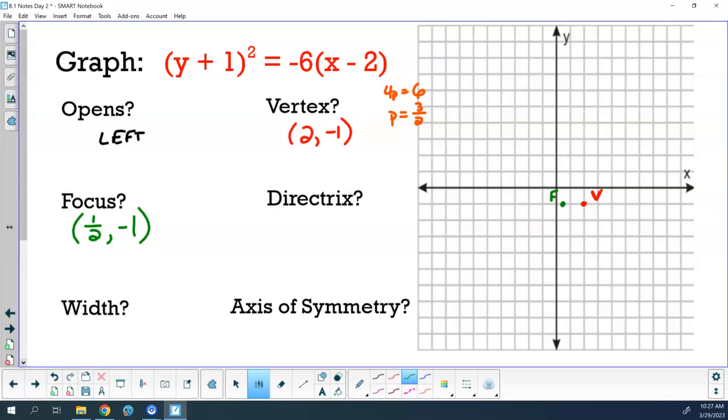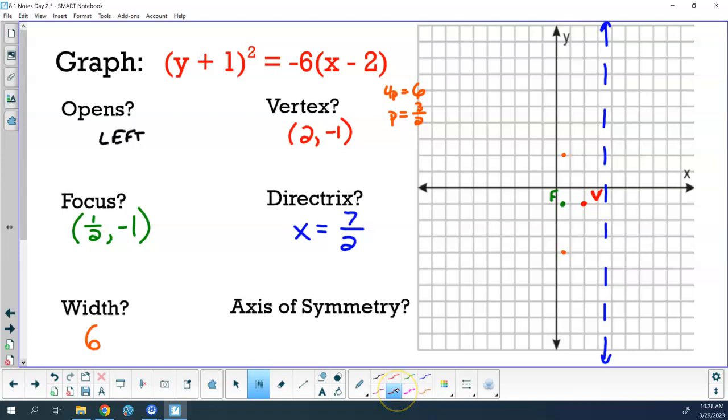My directrix would be at x equals 7 halves. Let's do it. The width through the focus is 6, so that's groups of 3. 3, 3.